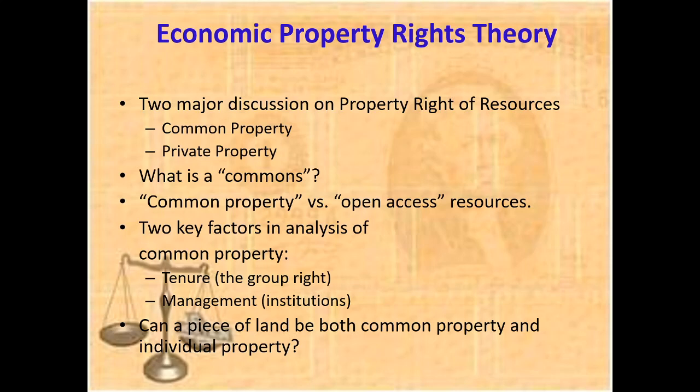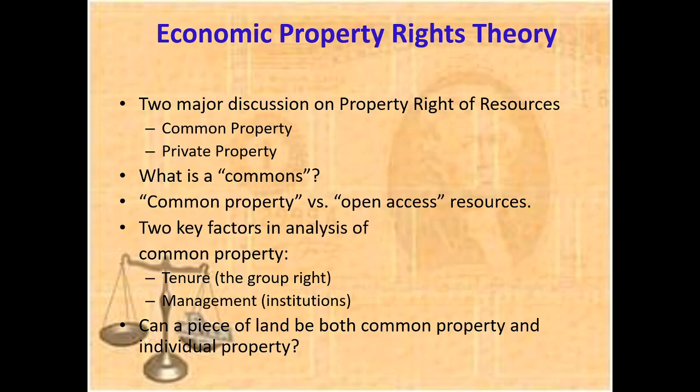Can a piece of land be both common property and an individual property is a question people normally try to ask in this backdrop. In the slide, there are very crumpled points, but logically it is connected.